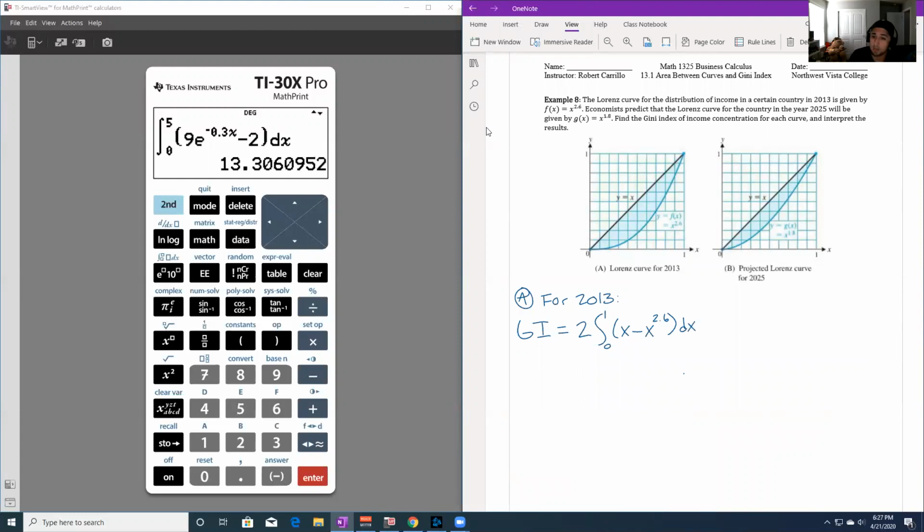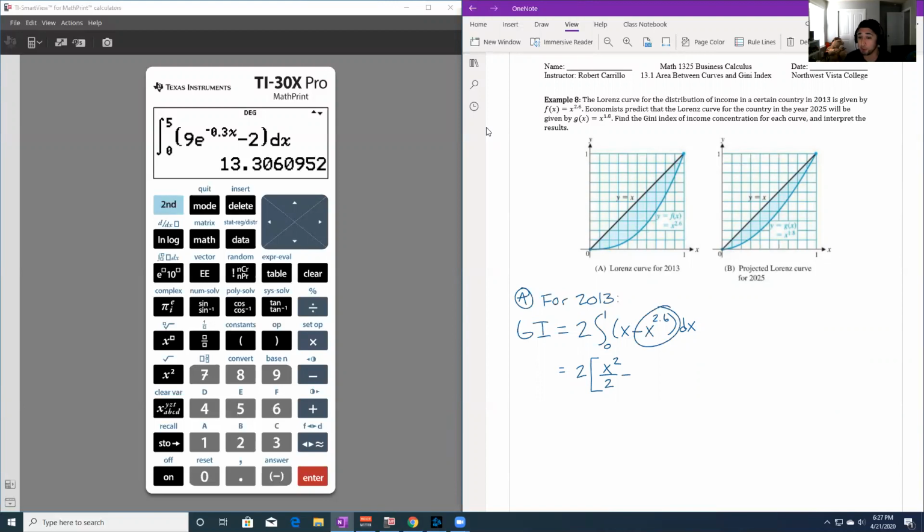Okay. And now, let's find the antiderivative. This is all set up already. So all we have to do next is say 2 times, bracket for neatness, and we're going to start with the antiderivative of x, which we know all too well: x squared over 2, minus the antiderivative of x to the 2.6.